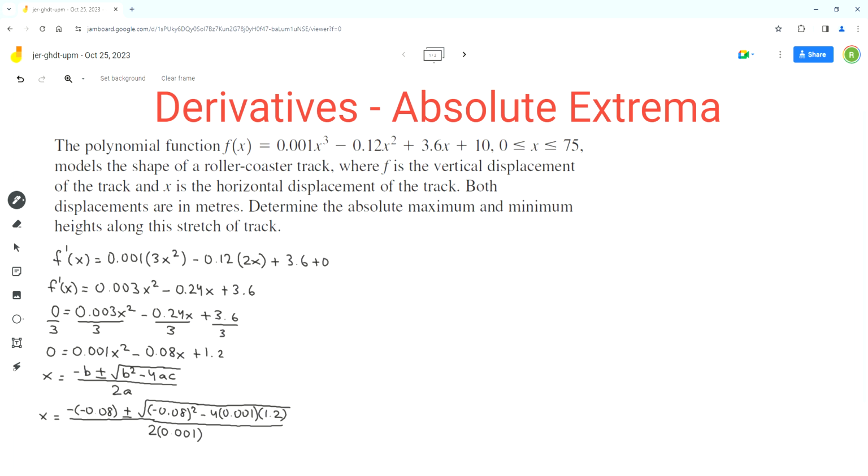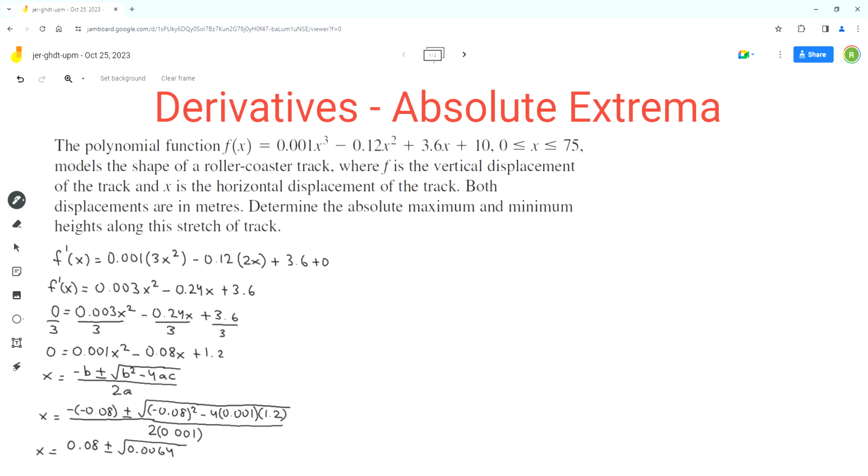Now we have to simplify this expression. So the first term, negative negative 0.08, becomes positive 0.08, and then plus or minus, and now we have to simplify the terms under the square root. The square of negative 0.08 is 0.0064, and then we have to do negative 4 times 0.001 times 1.2.